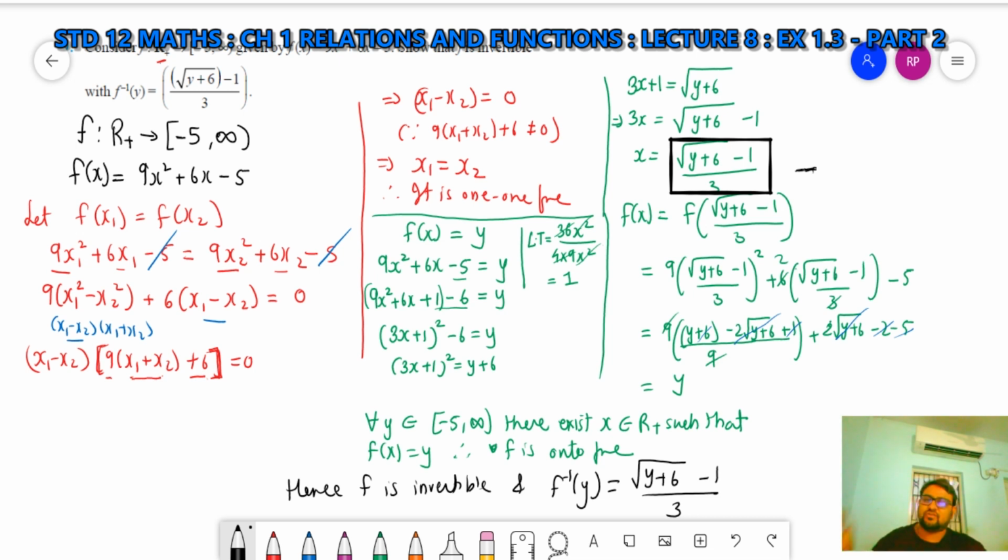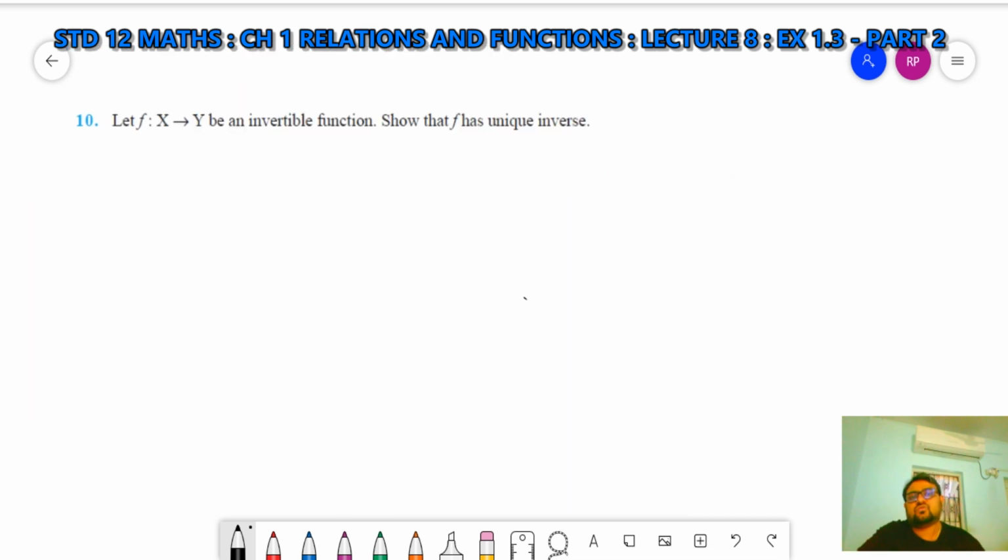Now let's start the next, that is question number 10. Let f: X → Y be an invertible function. Show that f has a unique inverse. Now see, we know that if I take a composite of the function and its inverse, it will be the identity function.